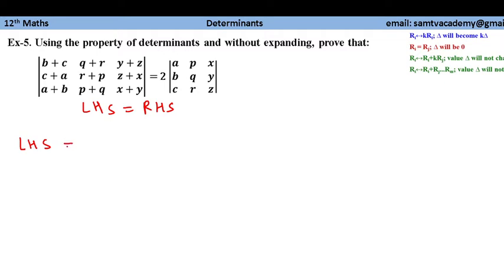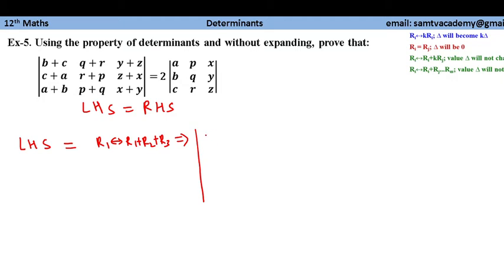First step is R1 should be replaced with R1 plus R2 plus R3. Now if we do this, it will be like this. What will the first row become? First we will write R1: row 1 plus row 2 plus row 3.